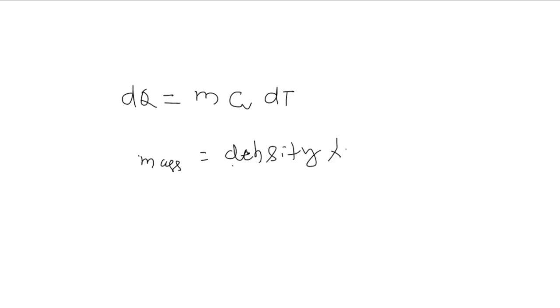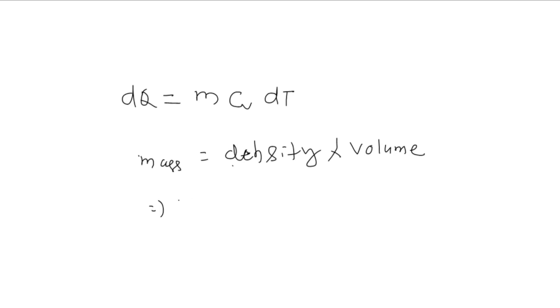We know that dQ equals m Cv dT. Again, mass is not given, so we can write mass equals density into volume, because density, you know, is mass by volume, so mass will be density into volume.